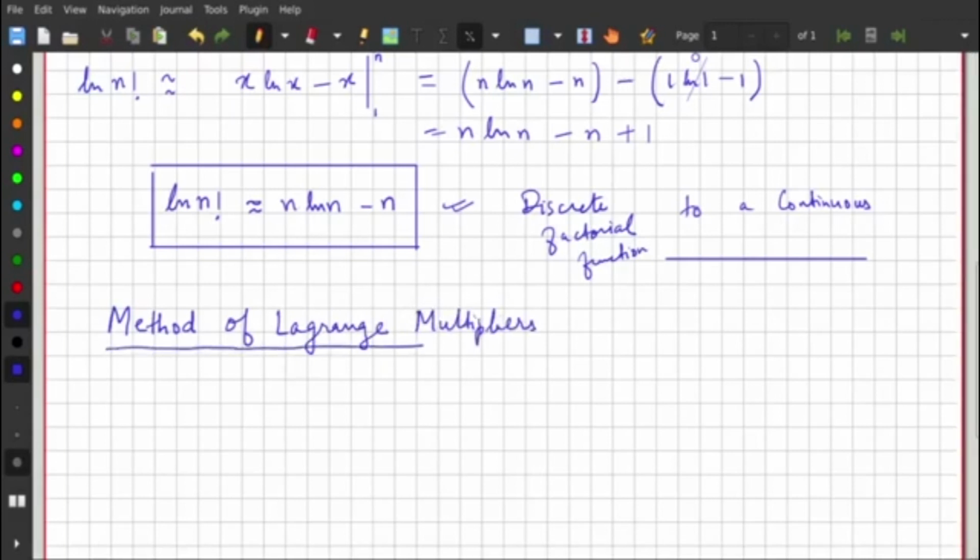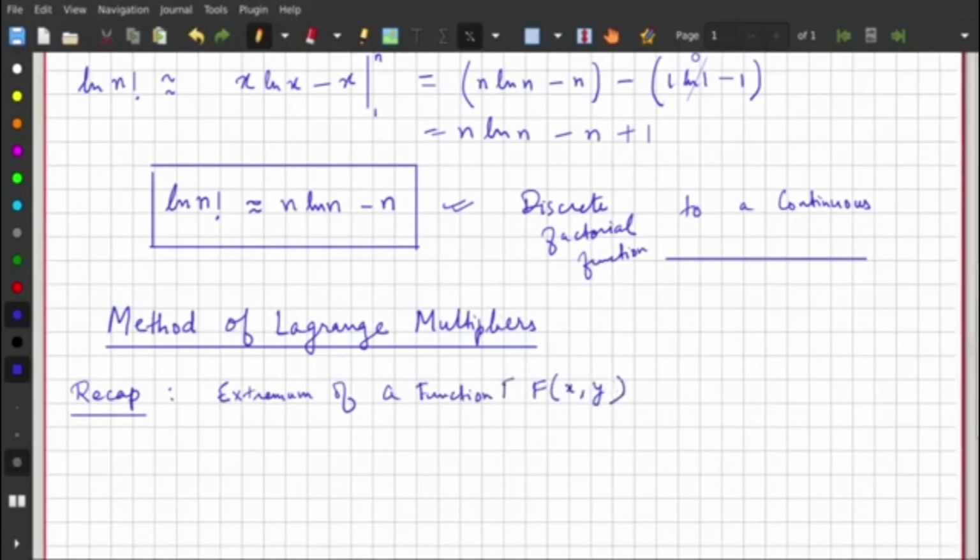And what this method is used for, so to understand this, let's recap our understanding of how to find the extremum of a function, let's say of two variables, just for example, it could be extended to arbitrary.